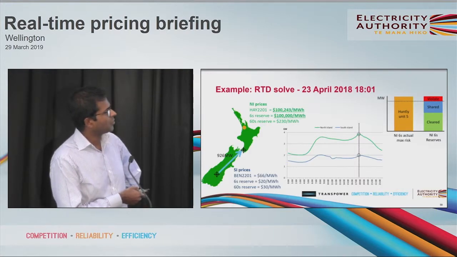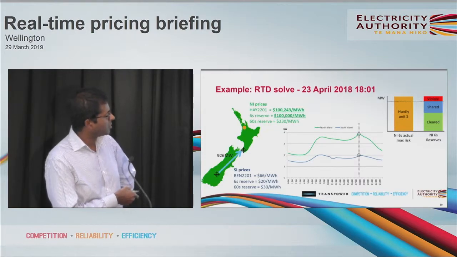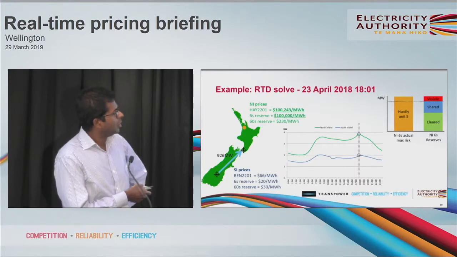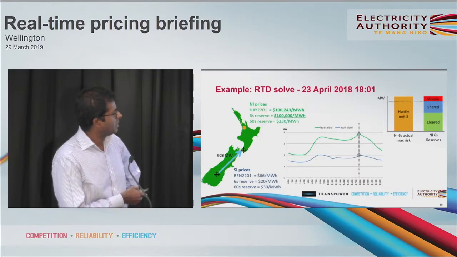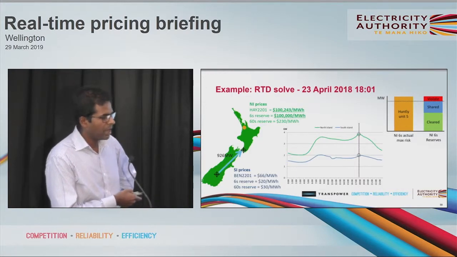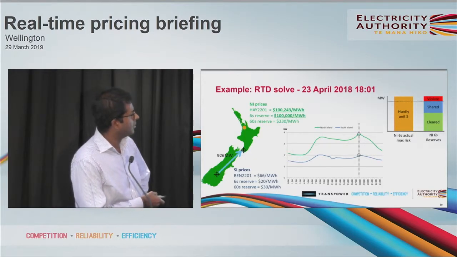But Huntley 5 is also setting the 60-second risk, so I'm actually saving $100,230, and there are some loss effects, and that's why it's $100,243. So whenever we see these prices, SPD is giving us the signal of how much a megawatt, or a marginal unit of energy or reserve, is worth in that island.